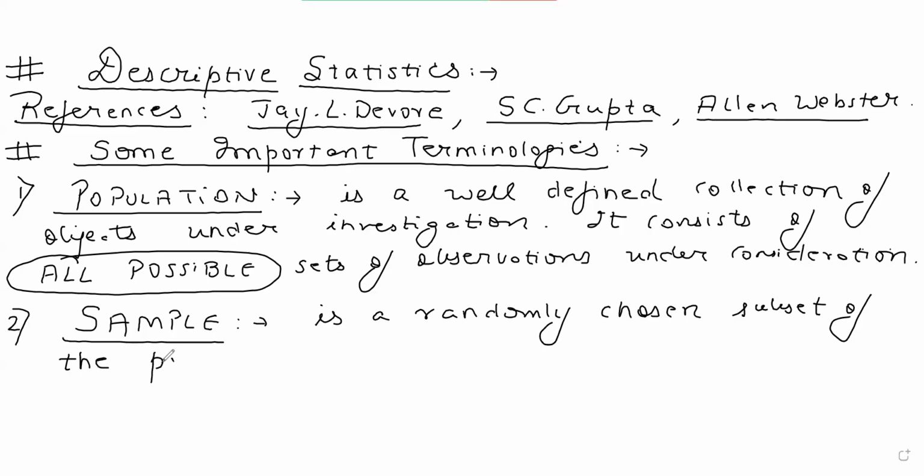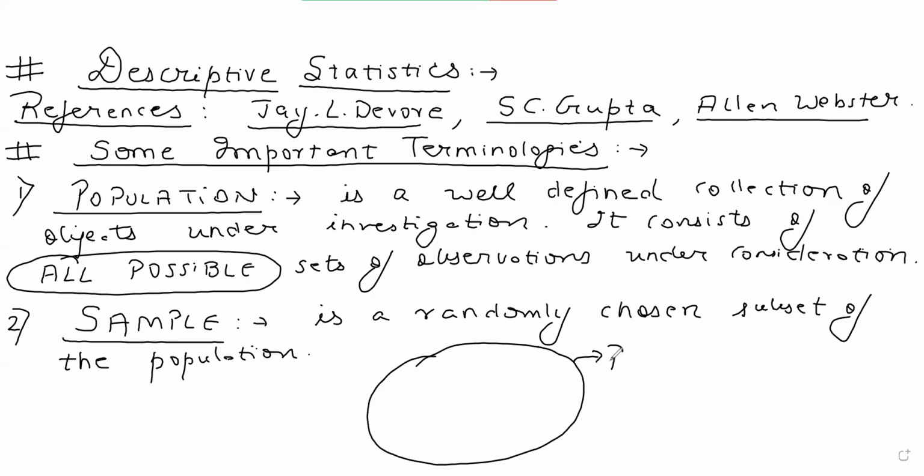That means a sample is lying within the population, and the number of items in the sample is either less than or equal to the number of items in the population. If this is my population, a pictorial representation, a sample is a subset of it. Subset means it lies within the population.